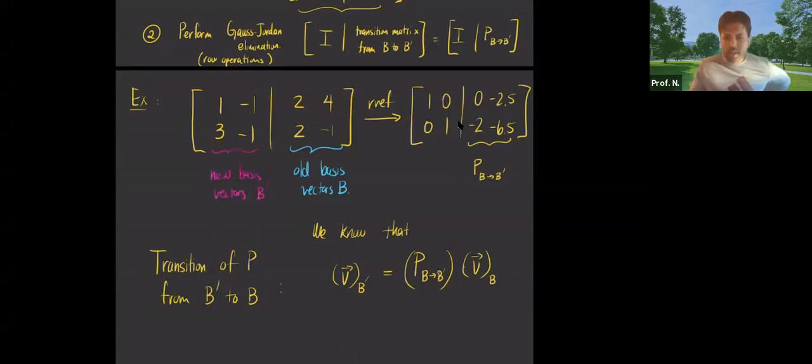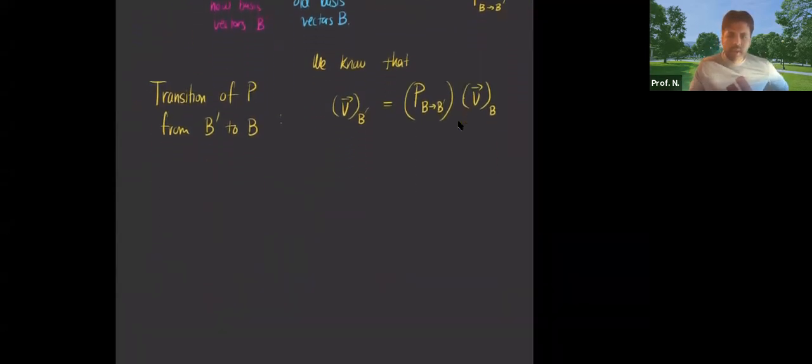But what is really the underlying matrix? How is that matrix that we're looking for, the transition matrix, related to the original transition matrix that we found? So I want to go from saying v relative to the old equals question mark from the new.